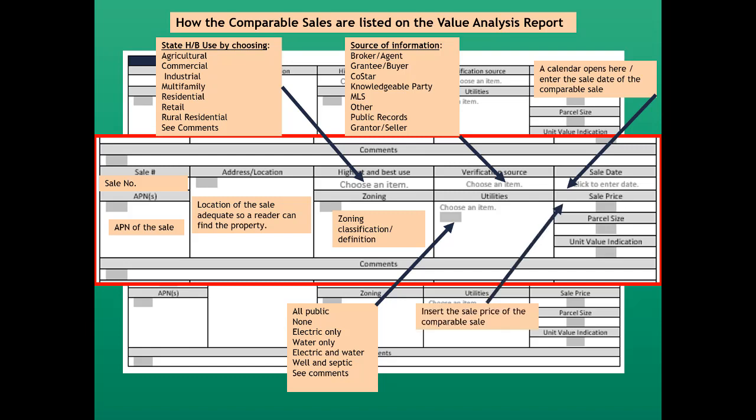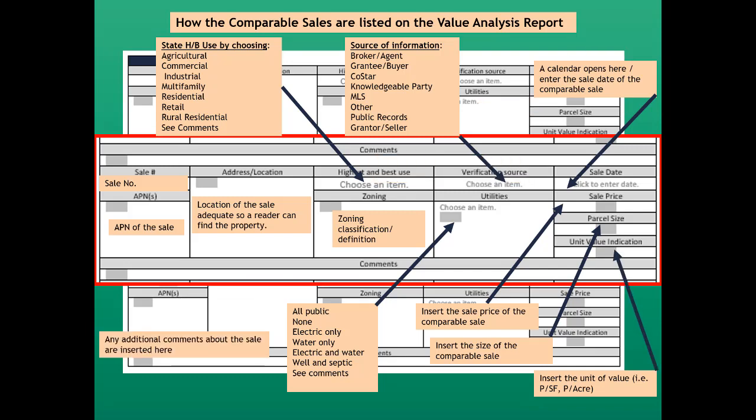We insert the sale price of the comparable. We insert the size of the comparable. And we insert the unit value indication, which is going to be price per square foot or price per acre. Finally, we insert any comments about the sale, and those go in this area.